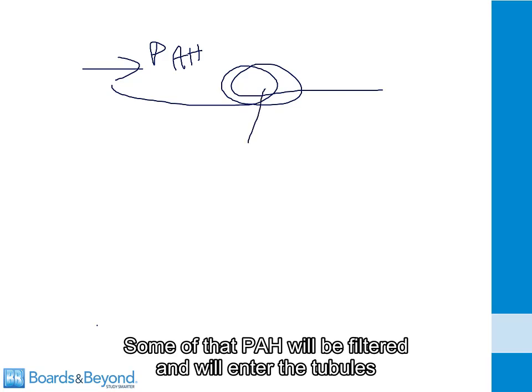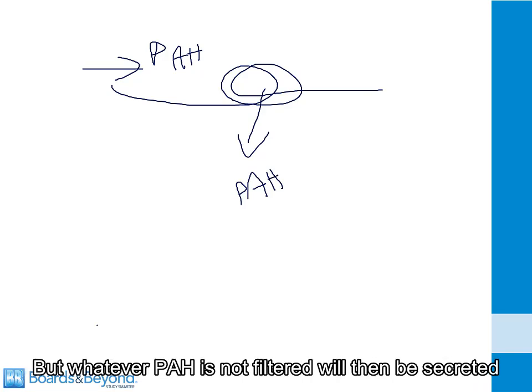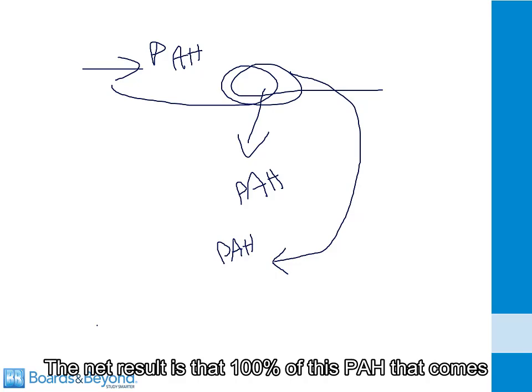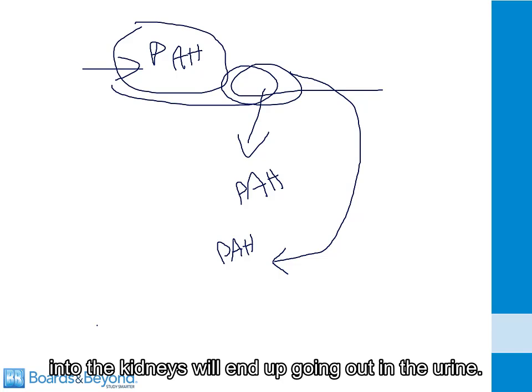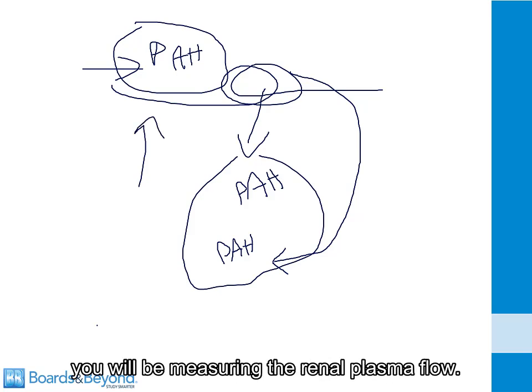Some of that PAH will be filtered and will enter the tubules of the nephron, but some of the PAH will not be filtered. But whatever PAH is not filtered will then be secreted by the nephron, and it will also enter the tubules. The net result is that 100% of this PAH that comes into the kidneys will end up going out in the urine, and therefore if you can determine the clearance of PAH, you will be measuring the renal plasma flow.